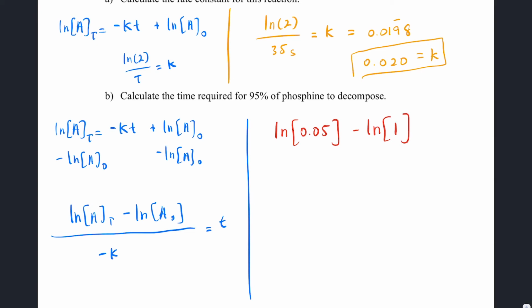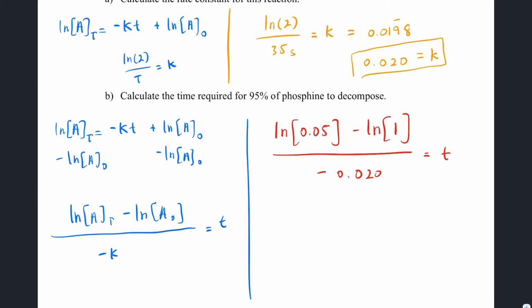So let's put that as the natural log of 1, and divide that by our rate constant, which we found before, negative k, that's negative 0.020, which is equal to our time for this to decompose.